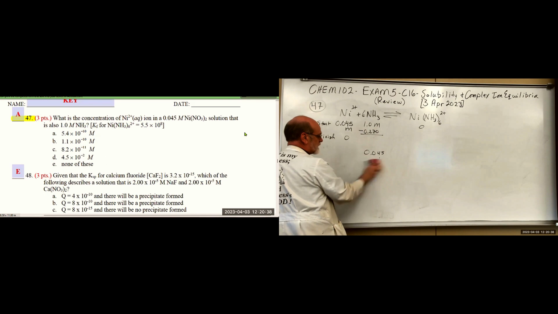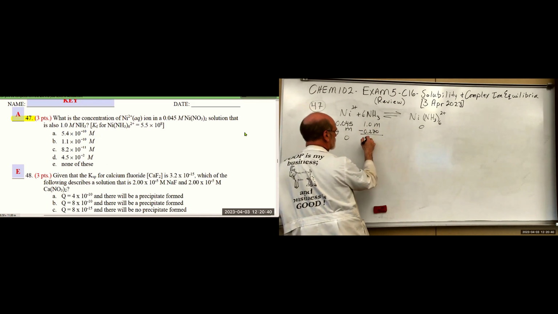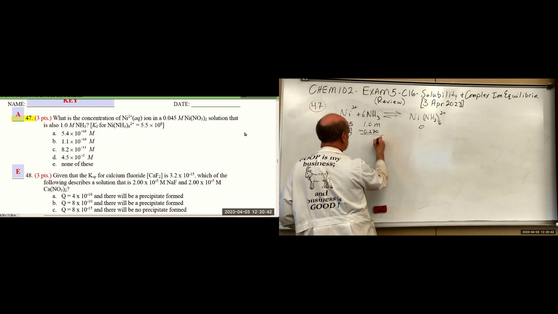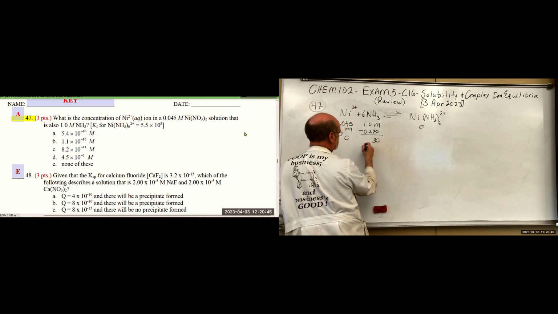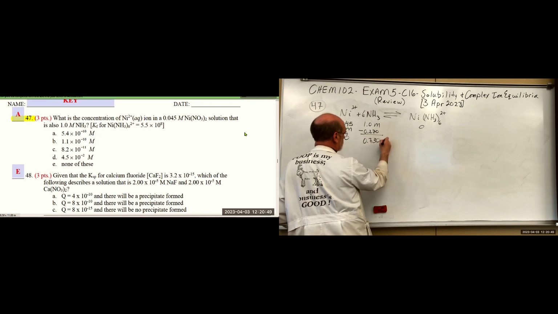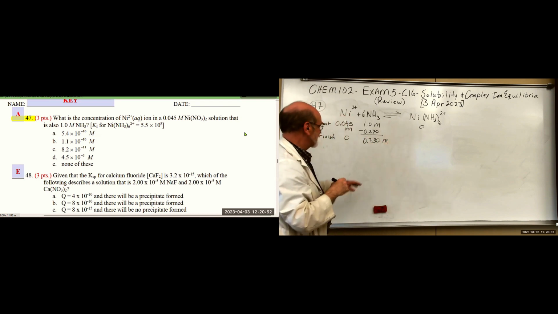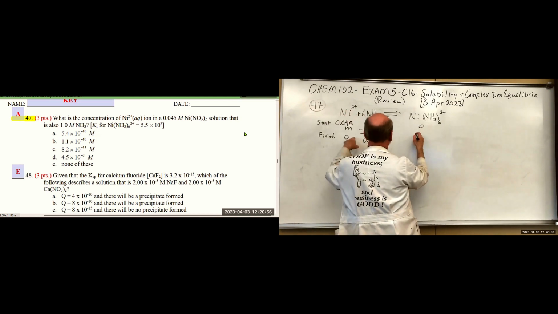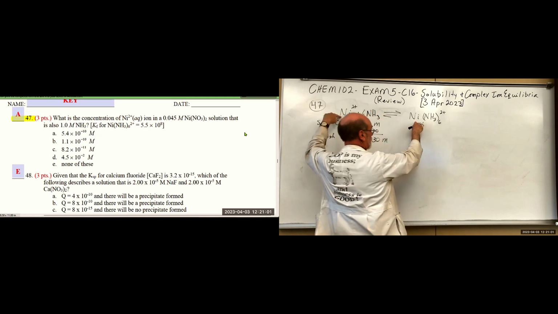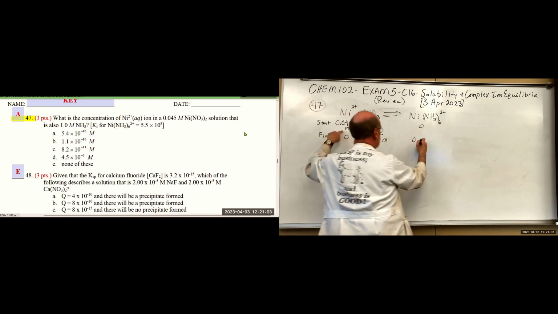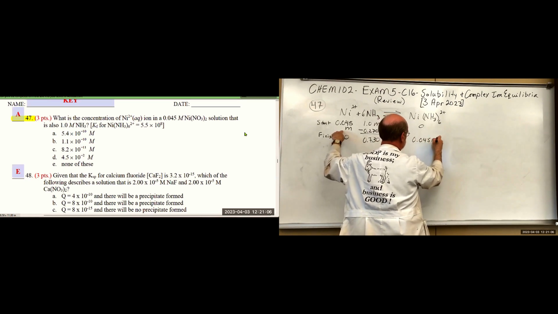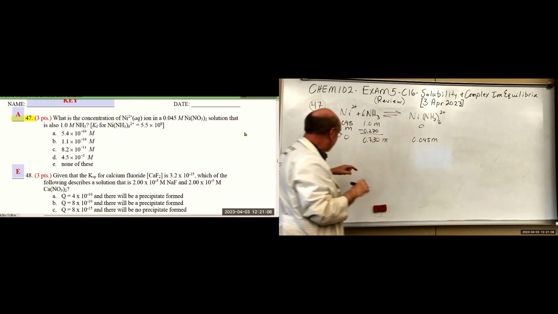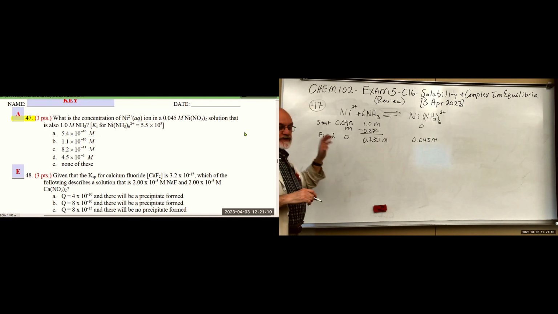So the finishing point for ammonia is going to be 1 minus 0.270, which is 0.730. There we go. Okay, so that's going to be the finishing part here. And we're also going to get 1 to 1, 0.045 molar here. Okay, so that's going to give us our starting point.